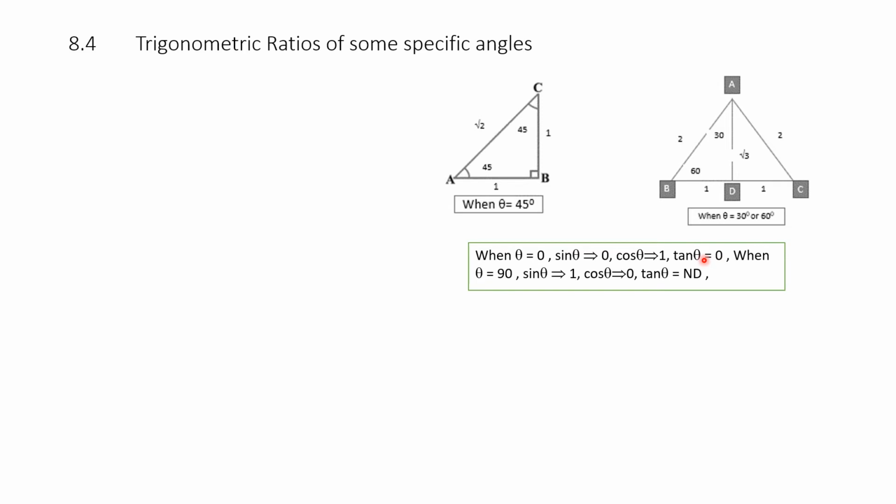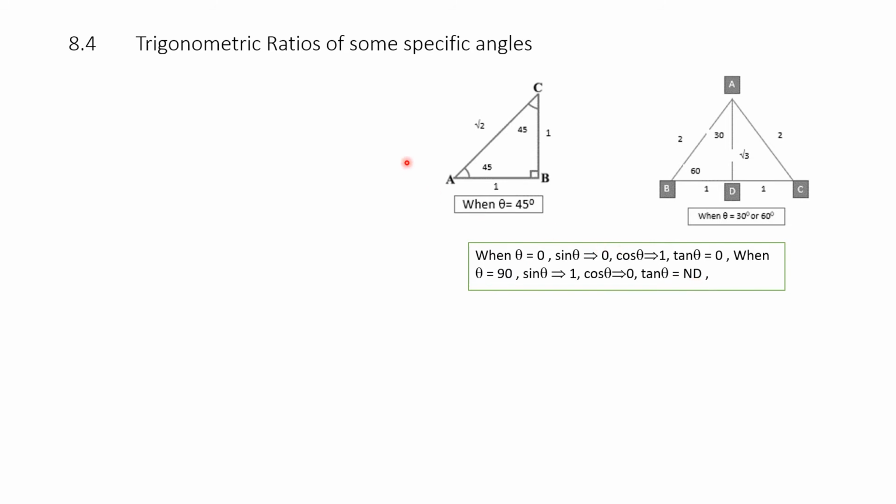When the angle theta becomes 90 degrees, sin theta will be equal to 1 because the opposite side will be 1 and the hypotenuse also will be 1. But cos theta, the adjacent side becomes 0, hence cos 90 is 0. Tan 90 is not determined because the denominator becomes 0.